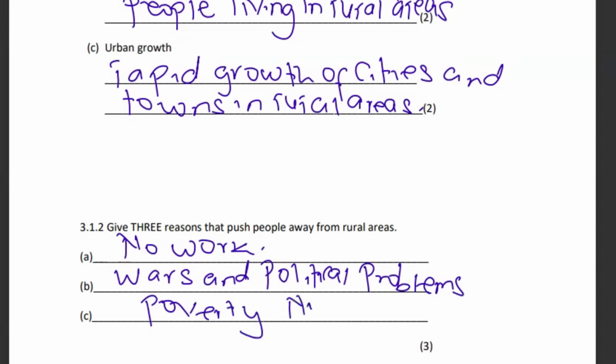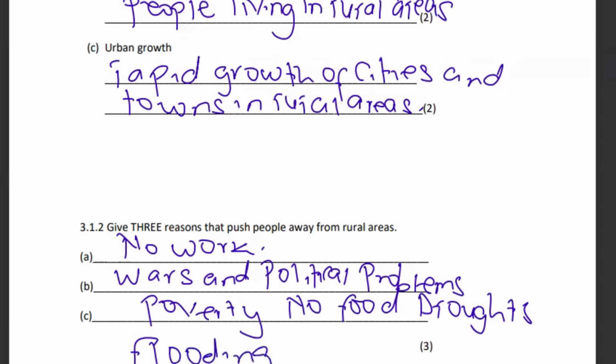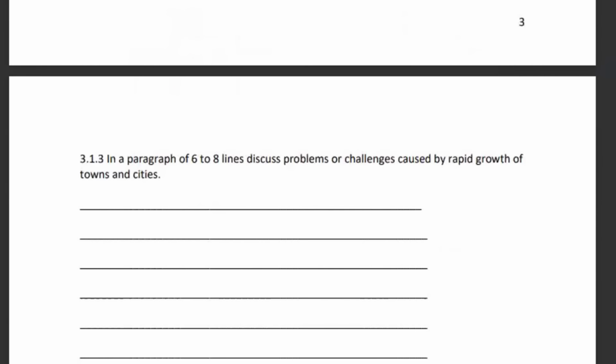There can be no food. There can be droughts, and there can be floods. Flooding can cause people to move from rural areas.